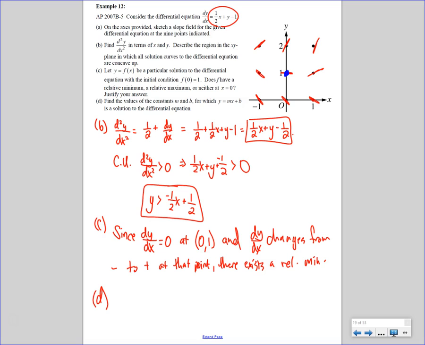Question. If this is a solution, shouldn't I be able to take its derivative and match it up with something? What would its derivative be? Isn't it just m? Can't I set m equal to 1/2 x plus y minus something?